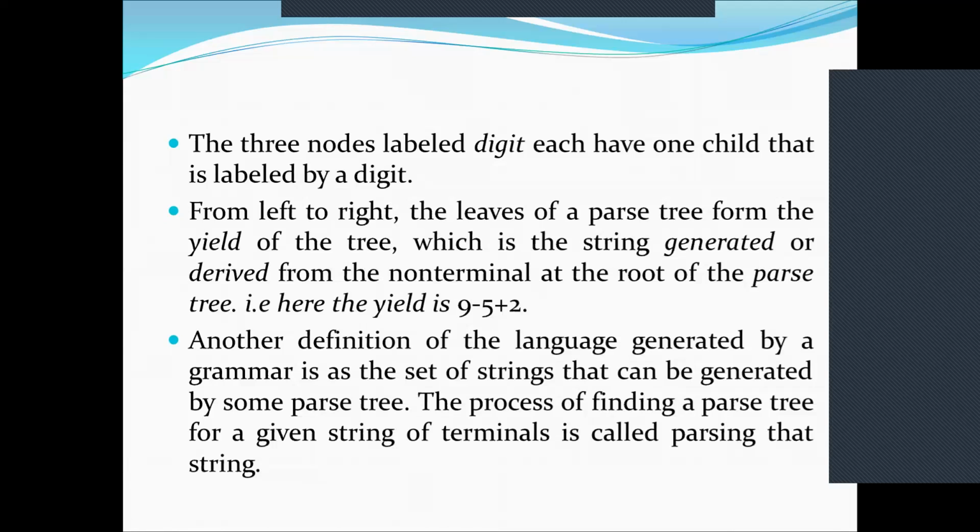The process of finding a parse tree for a given string of terminals is called parsing that string. Now we did parsing of numericals, or an equation, but this can also be used for parsing strings. We'll see later what a string is and how it is parsed.